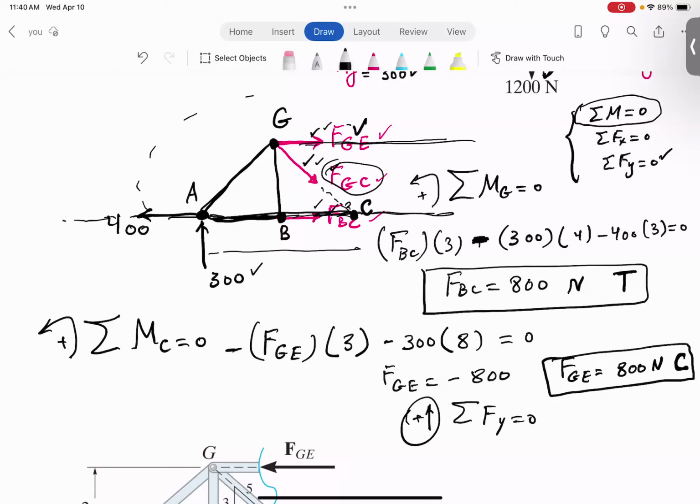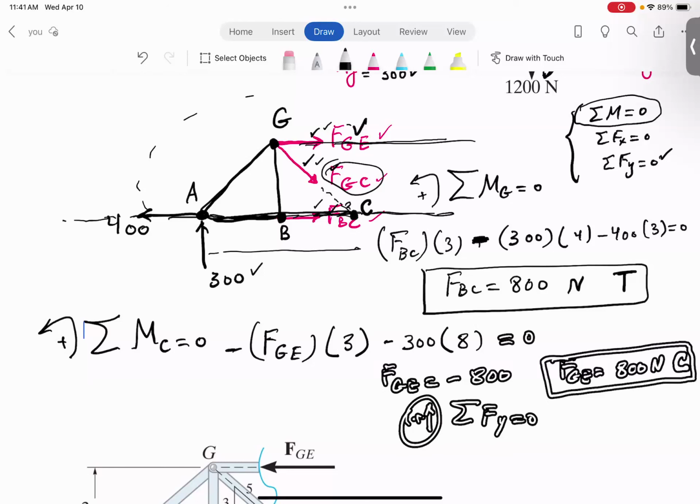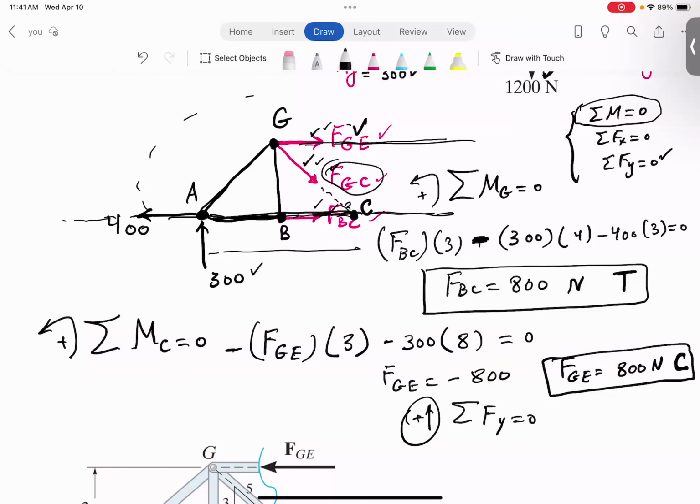What do we have? You see this guy is going down in the negative direction. What is its component? It has a slope of 3 over 4, so the y component would be 3/5 of it, also in tension. So here we go.